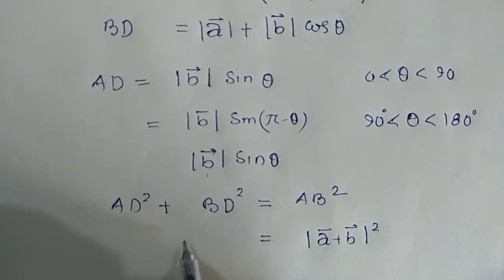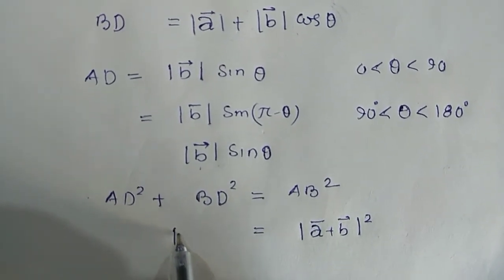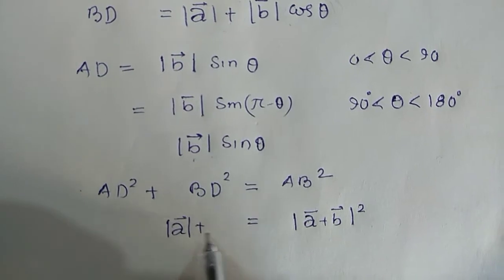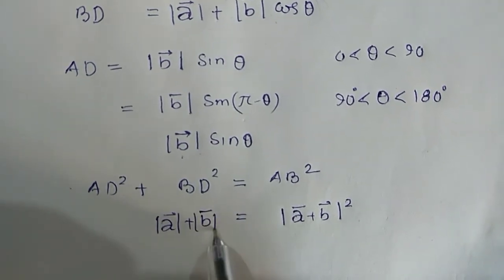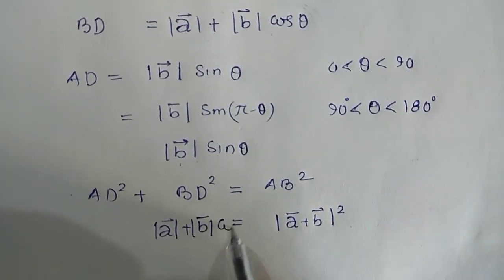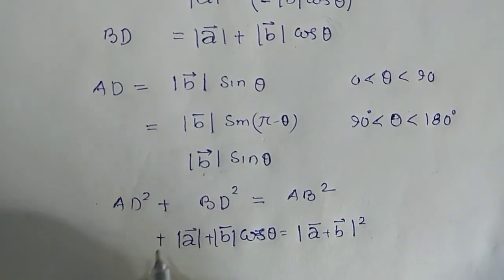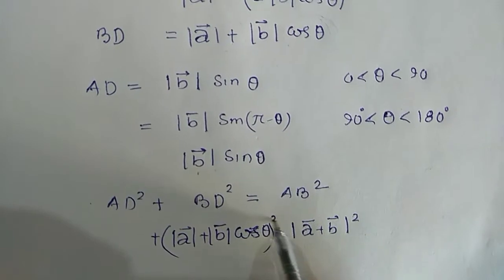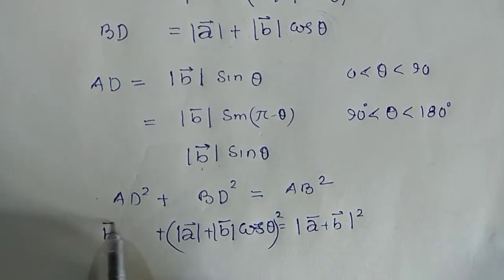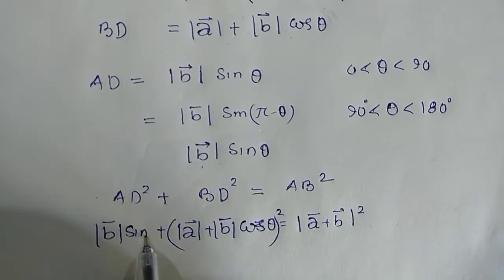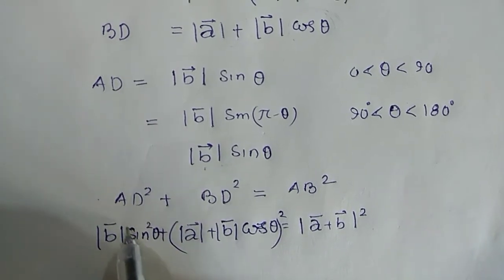This will be BD, which is actually mod of A plus mod of B cos of theta, squared. This will be mod of B sine of theta, squared.